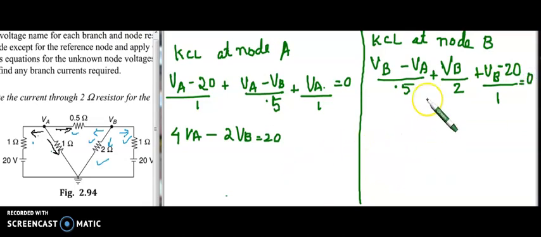And now we can rearrange this as minus 2 VA plus 3.5 VB is equal to 20.